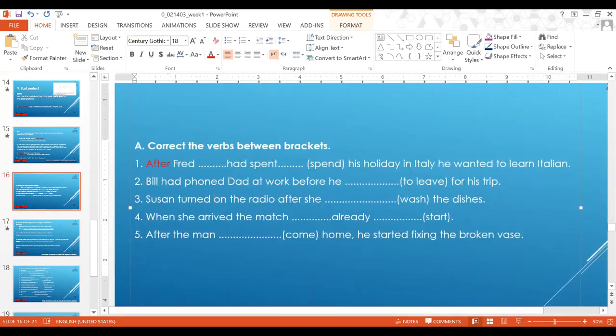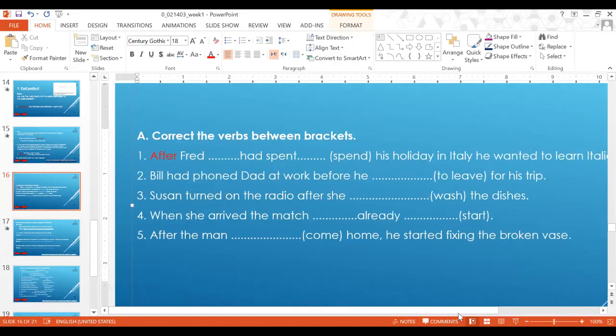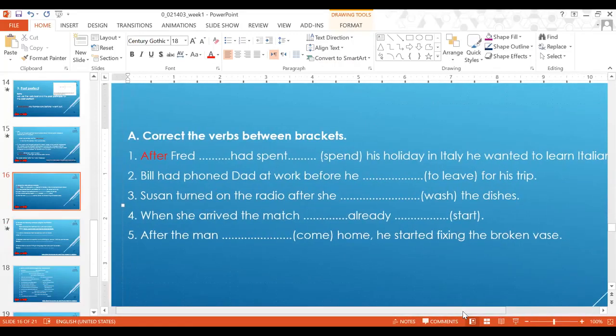Okay, who would like to do the second one? Celine. Bill had phoned Dad at work before he had to leave for his trip. Not had to. Look here, Celine. We said before is followed by verb to, right?